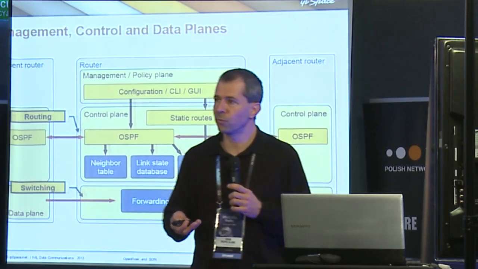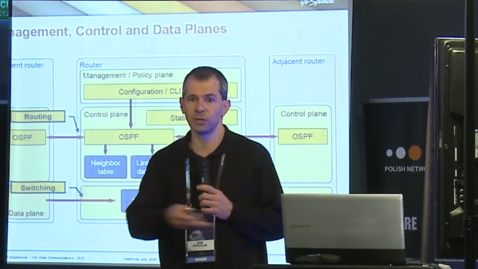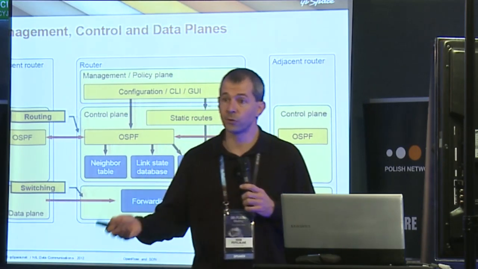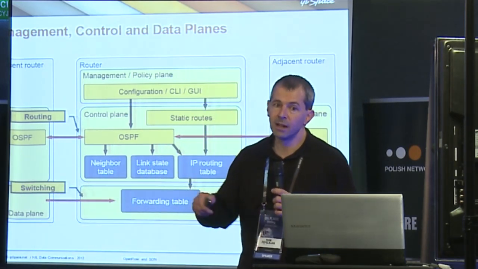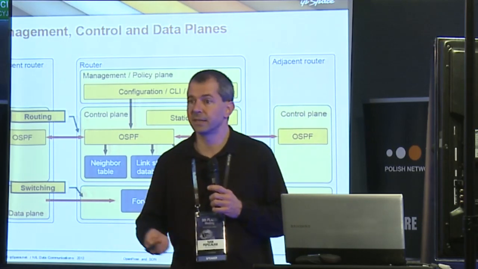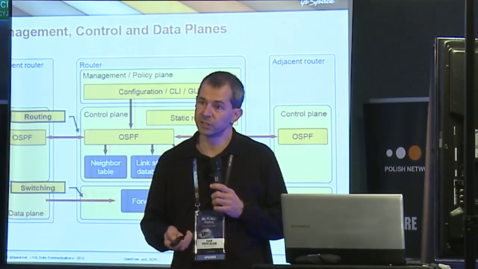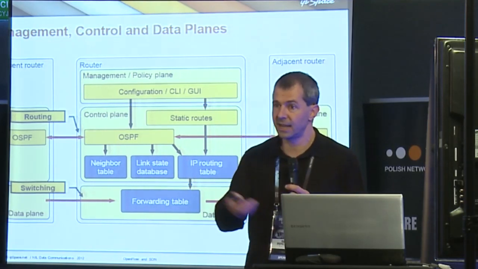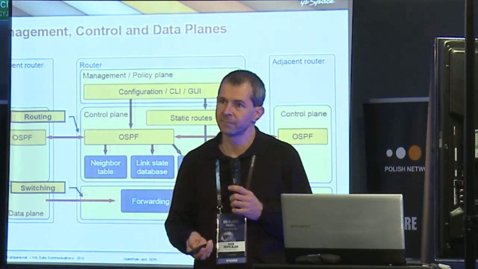It figures out what needs to be done. It figures out who is my left neighbor, who is my right neighbor, what prefixes they have, where do I want to send the traffic. And the result of this is, in the IP case, the IP routing table, which is still sort of in the control plane. So this is the data structure that the routing protocols are playing with.